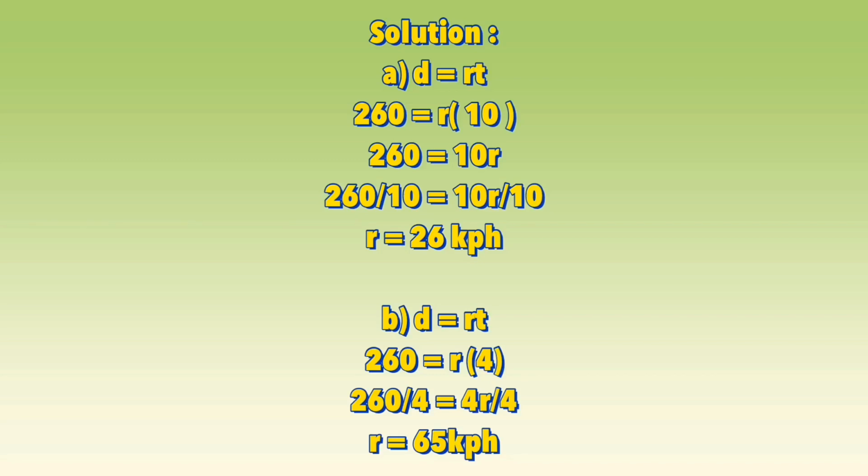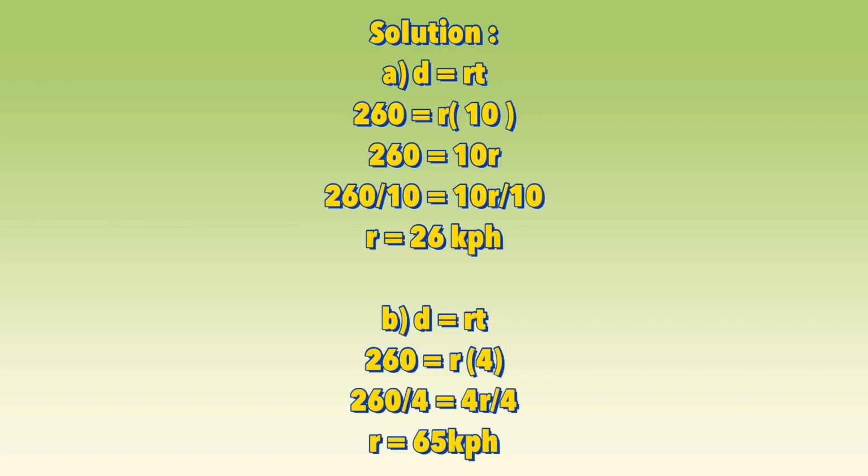Then we divide both sides by 10, so 10 divided by 10 equals R, and 260 divided by 10 equals 26. So therefore for letter A, the rate is 26 kilometers per hour.